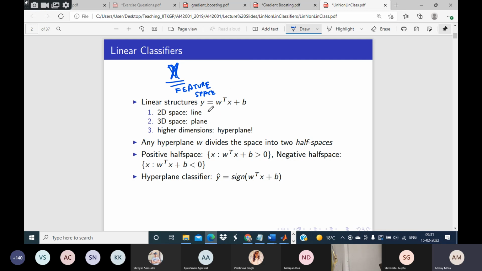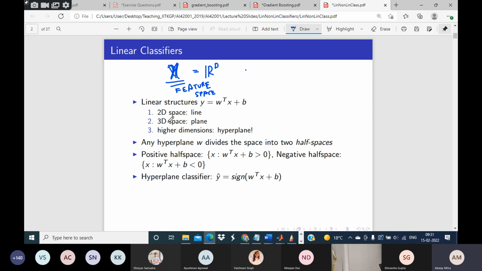Now, with respect to any space, we can define what is a linear structure. Let us restrict ourselves to the d-dimensional real space. For whatever value of d I am considering, I can define some kind of a linear structure. If it is a 2D space, that is if d equal to 2, then this is the equation of a line, as you can understand.